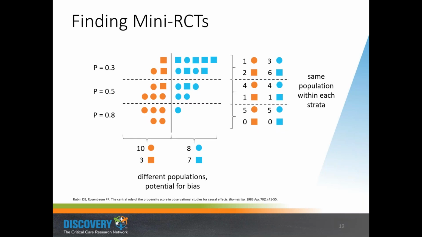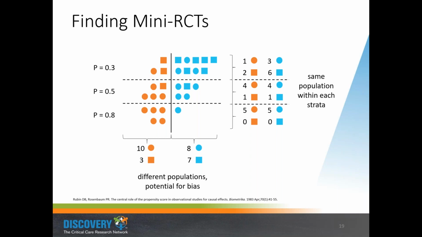Here we have the orange and the teal patients, the treated and the untreated. You see in the bottom margin, we have different populations. There are more circles who got treated, but in the untreated population, the control population, it's an even split between the circles and the squares. That's if you look at it overall.